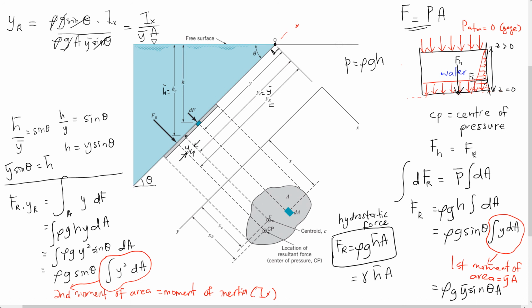By the way, this Ix can also be written as Ixc plus A times y bar square. Ixc is the second moment of area with respect to the axis passing through its centroid and parallel to the x-axis.